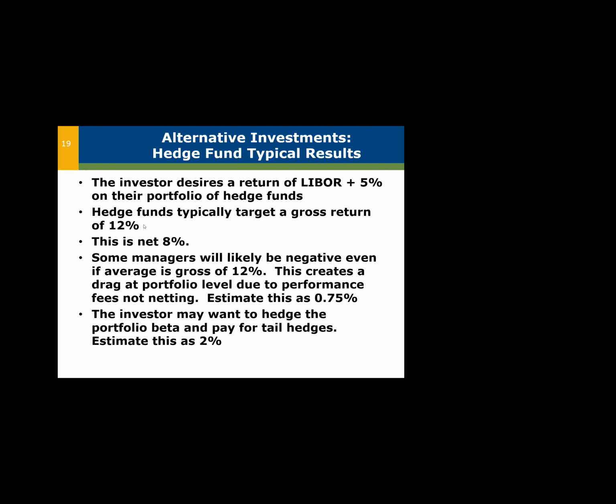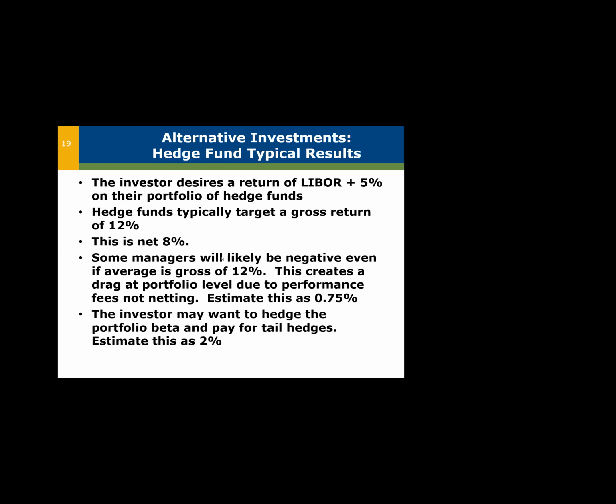Let's take an example where a typical hedge fund would earn a gross return of 12%. And if you think about it, in today's environment, generating 12% year after year is actually pretty hard. So even this is quite a challenge. And then I already went through the example of after you subtract performance and management fee, that leaves the investor with an 8% return.